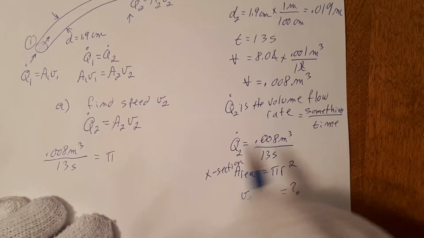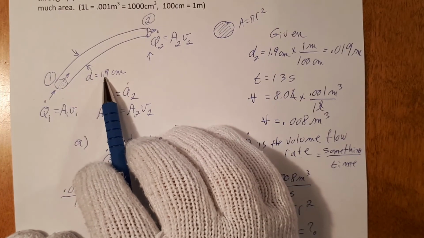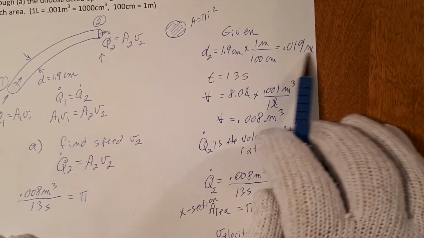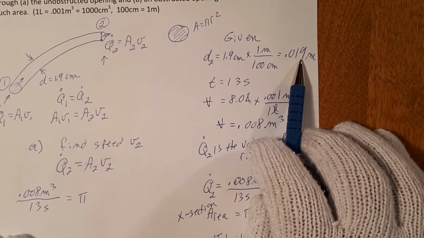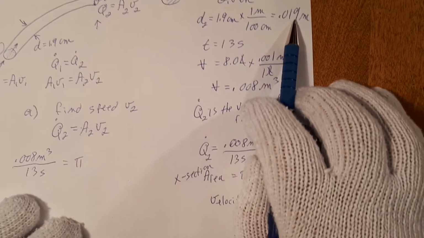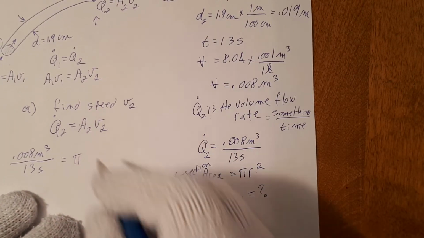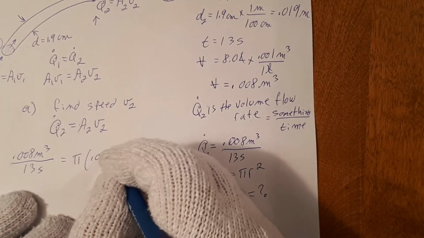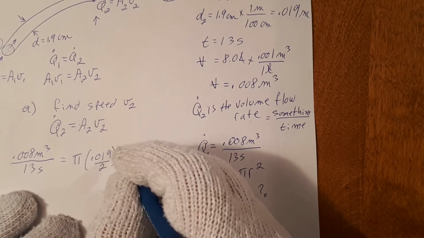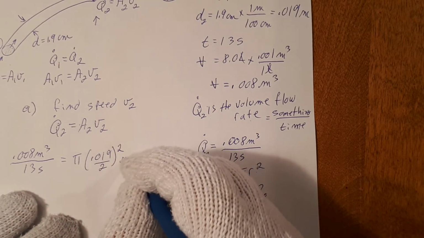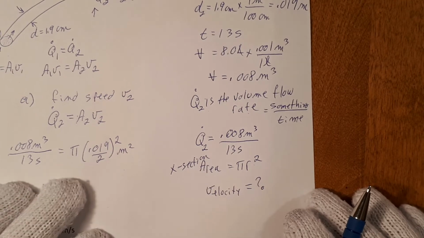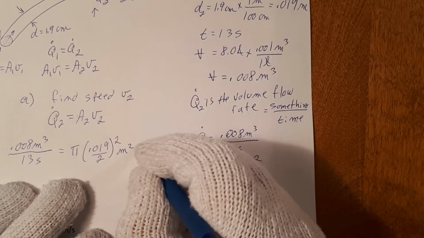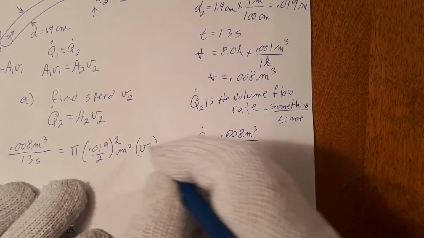Now the radius of this, we're given a diameter of, in meters, 0.019 meters. Half of that will be the radius. So we can put in the radius here: 0.019 divided by 2, all squared. That'll be in meters squared, times the velocity, v2.